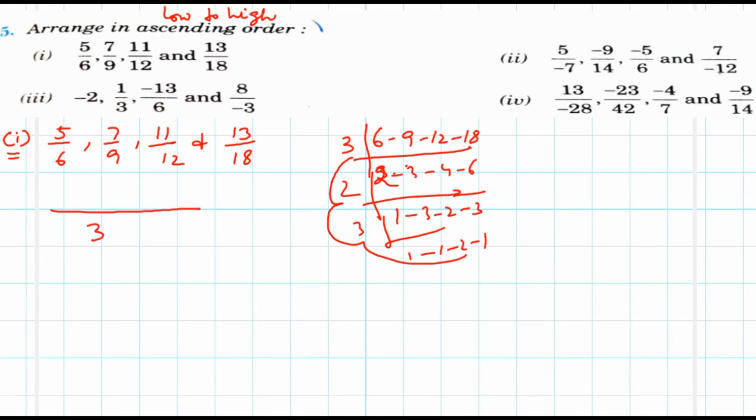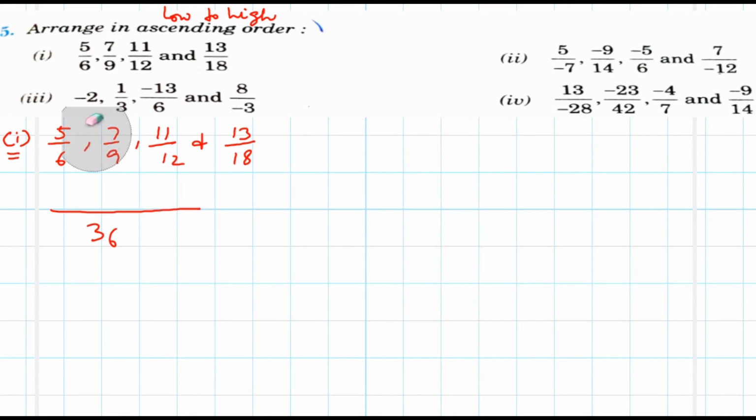So 36 would be the LCM. Now 6 times 6 is 36, 6 times 5 is 30, 9 times 4 is 36, 7 times 4 is 28, 12 times 3 is 36, 11 times 3 is 33, 18 times 2 is 36, 13 times 2 is 26.